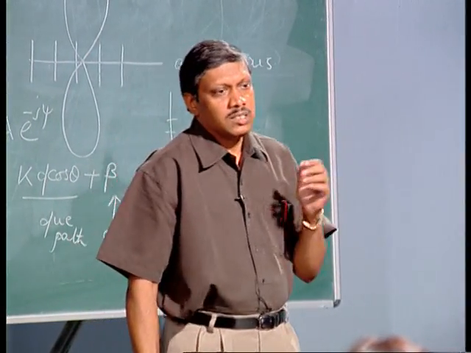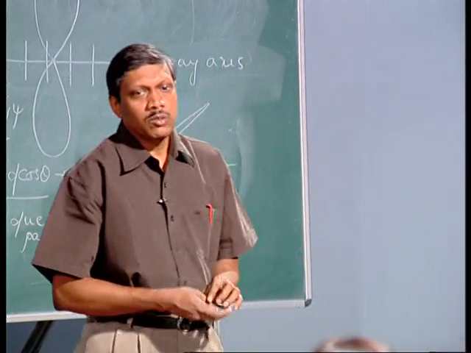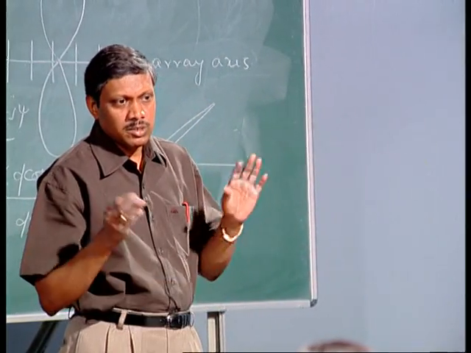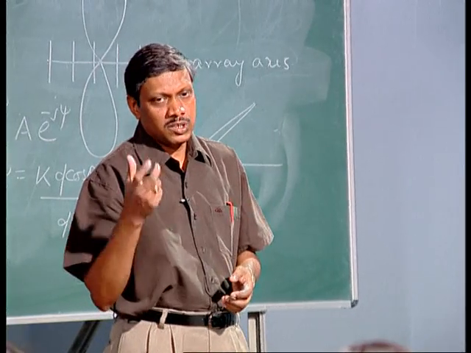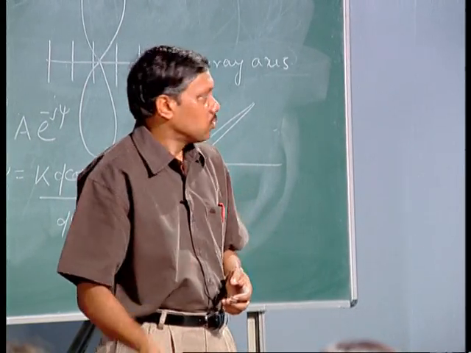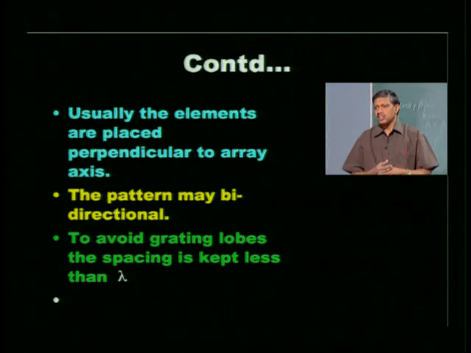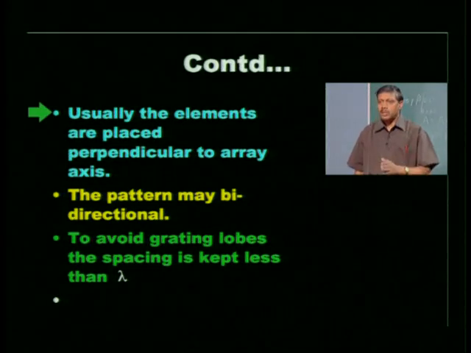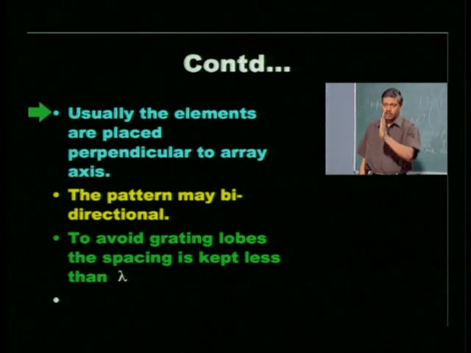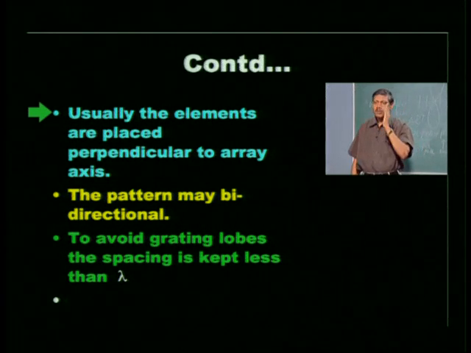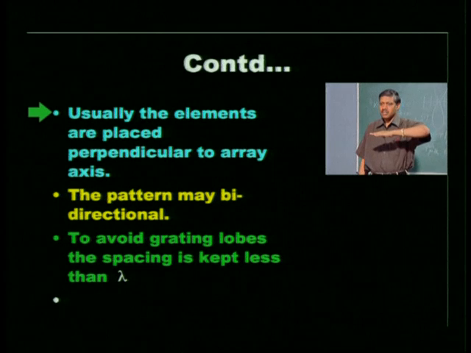This is also a requirement when you are designing the broadside array, you have to keep certain things in your mind. The excitation phase has to be 0, that means it has to be fed in the same phase. Preferably you should keep your elements perpendicular, like you have a dipole. Dipole can be kept like this, dipole can be kept like this.